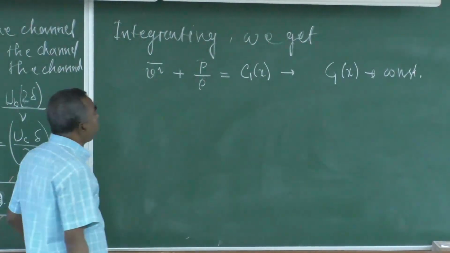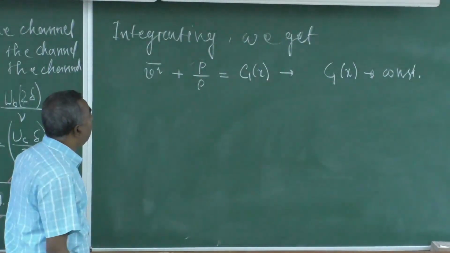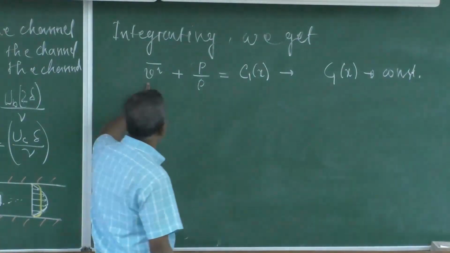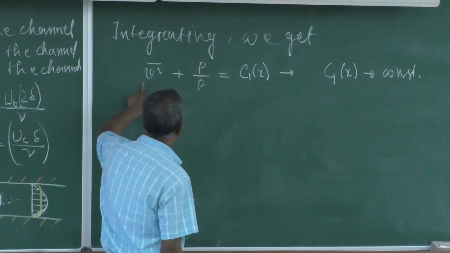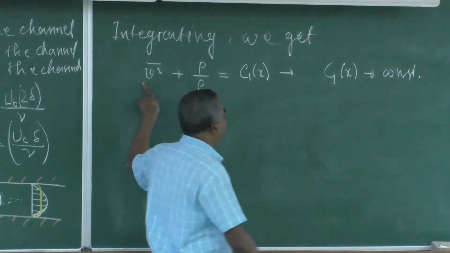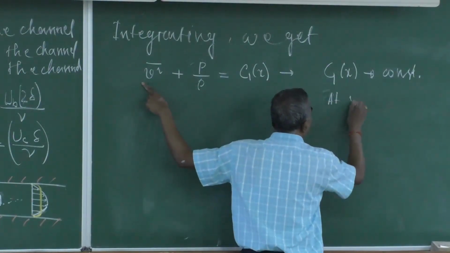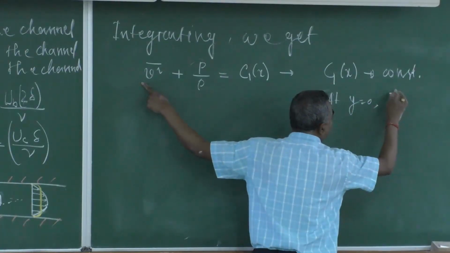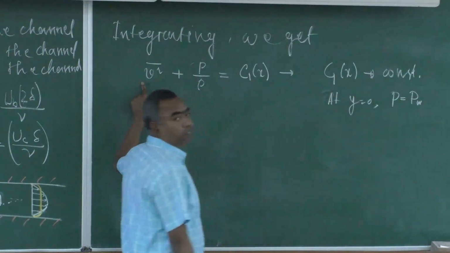Now, let us consider this equation, and let us consider the value of this constant at y is equal to 0, okay. And at y is equal to 0, let us consider the pressure to be Pw, means pressure at the wall. So, at y is equal to 0, let us designate that P is equal to Pw, okay.